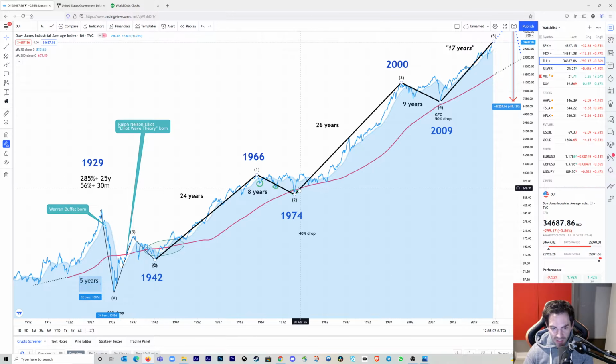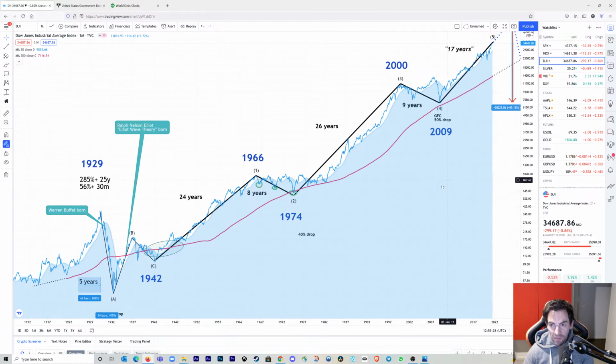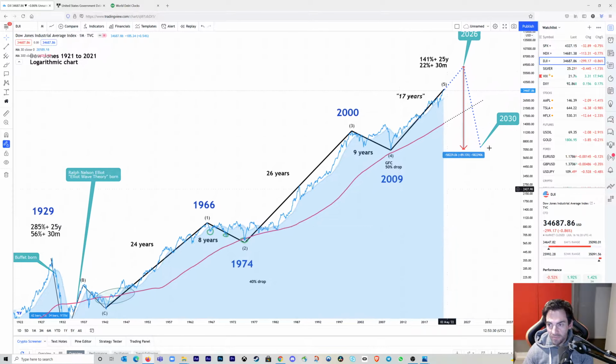You could argue that even though these were considered crashes by definition in the stock market, we still corrected back to a moving average price here. Whereas in 1929, we crashed through that, and we did an A, B, C corrective pattern before starting the Elliott wave in 1942. So I find that really, really interesting.